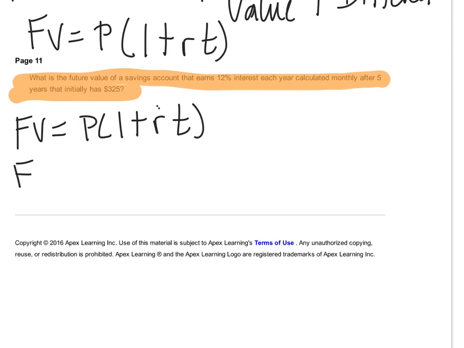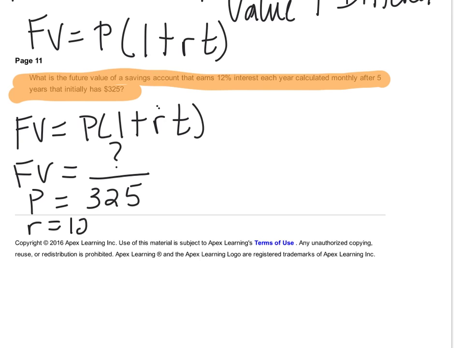So the future value is what we don't know. That's what we need to find out. And we know that our principal amount that we invested is $325, and that our rate is 12%, which as a decimal is 12 hundredths. And then we know that our time, now don't forget, is calculated monthly.